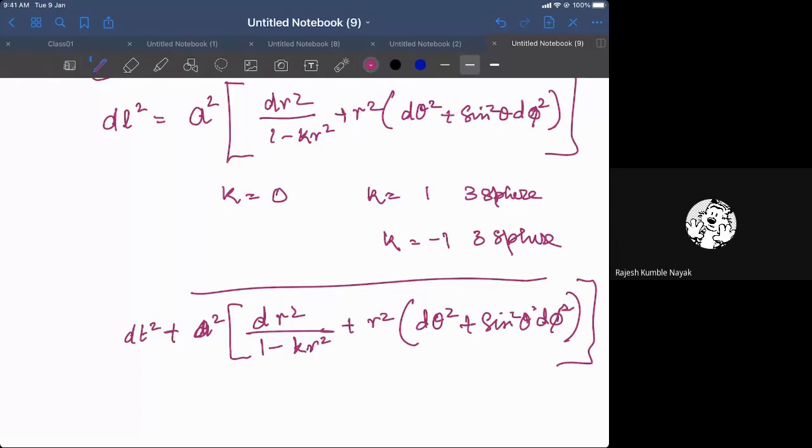Universe, if it is finite and if it is static, then it would simply collapse, and that we know it becomes like a spherical star.